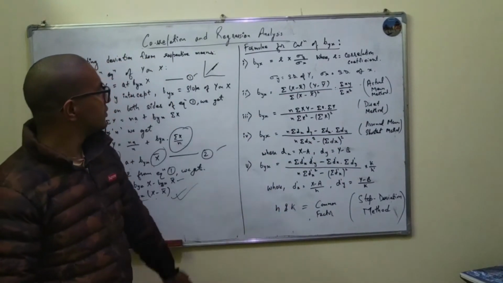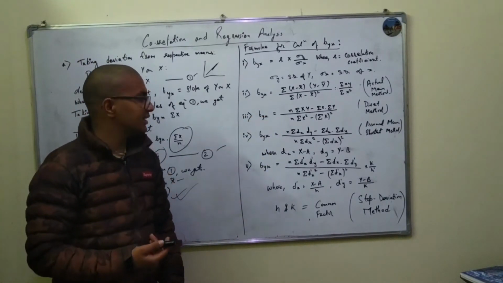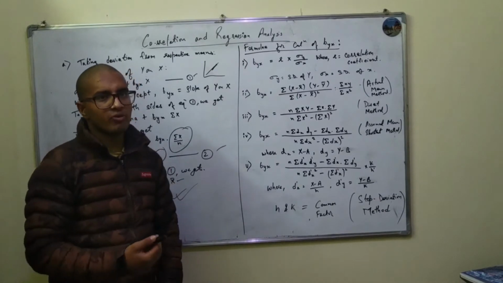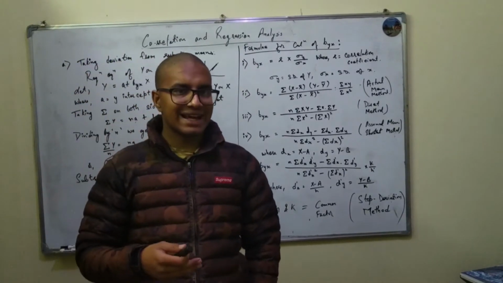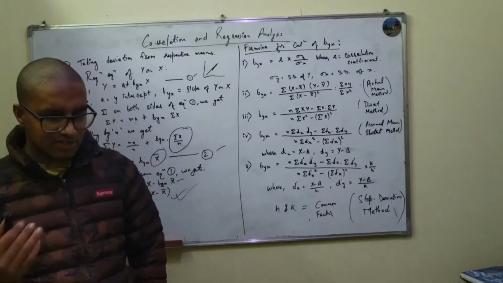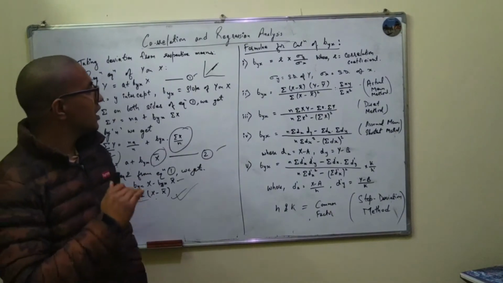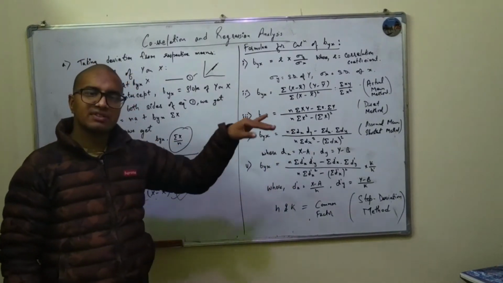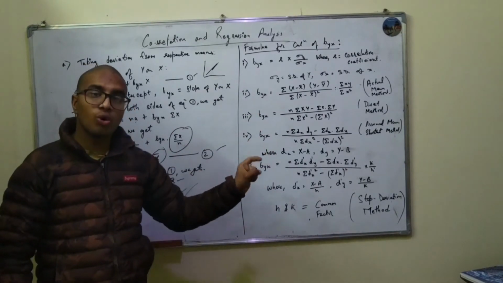Okay, so the next is using the direct method. You could find the slope of y on x using the direct method as well. What we normally do is n times summation x times y minus summation x multiplied by summation y, upon n times summation x square minus summation x whole square.